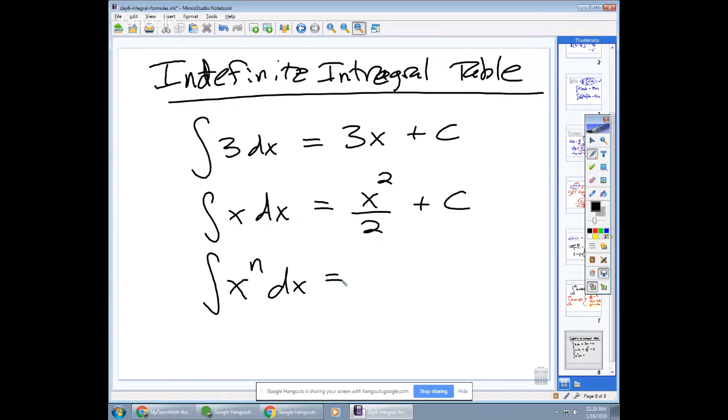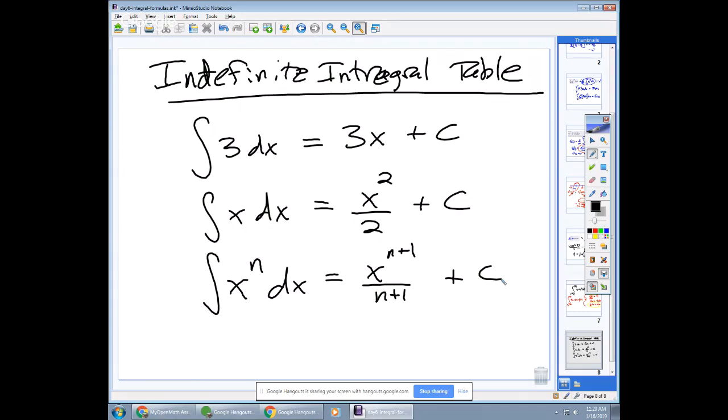What's that going to look like? X to the n plus 1 divided by n plus 1. Yeah, increase the power by 1 and then divide by it. And it could be a constant. So those are the ones we need to build polynomials. It turns out this works whether n is a whole number or a fraction. It's kind of cool.